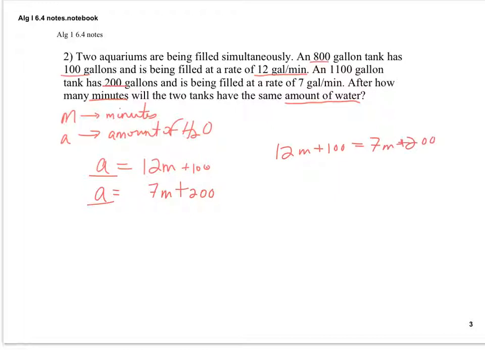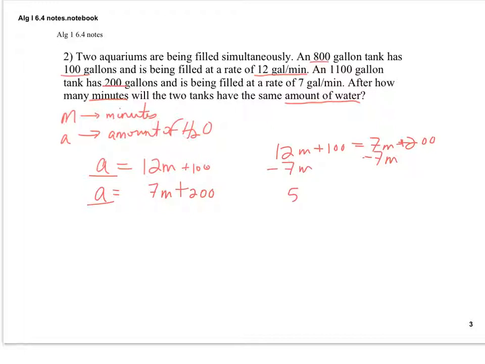And when I solve that for M, that's going to be the amount of time that it takes for them to have the exact same amount of water in them. I'm going to start by getting all of my variables on the left-hand side, and I'm going to subtract 7M from both sides.